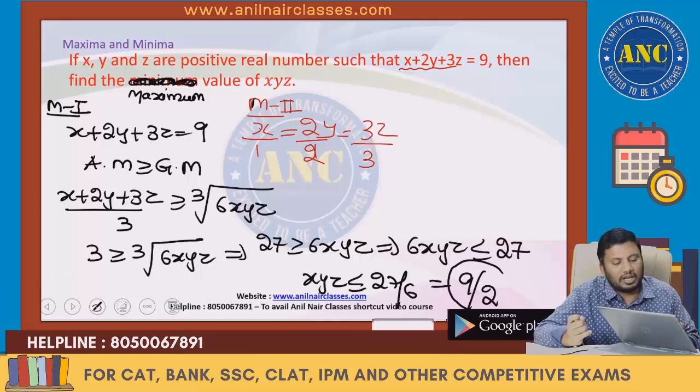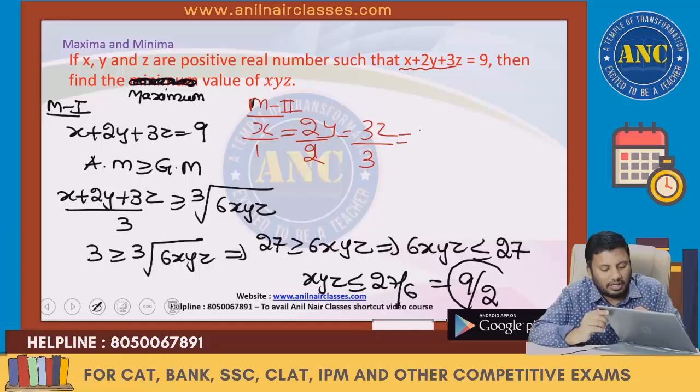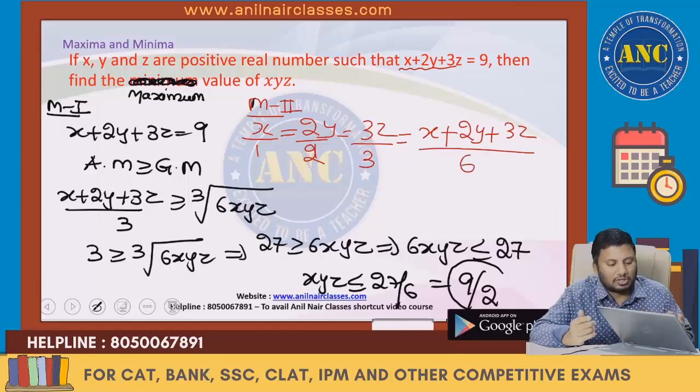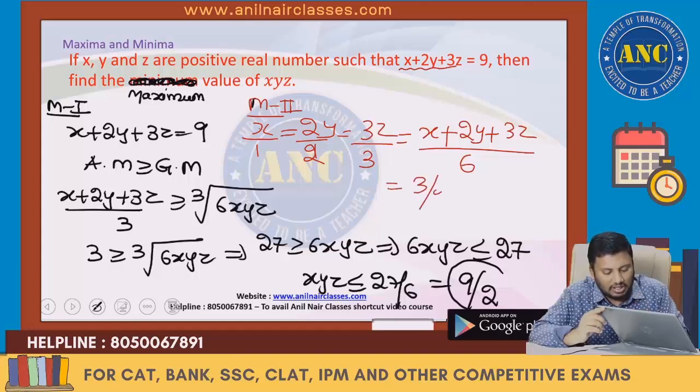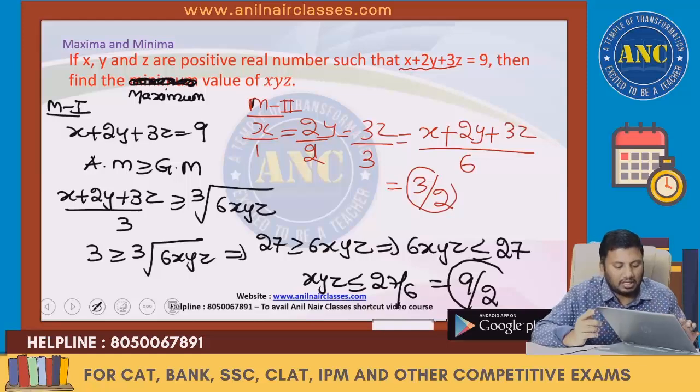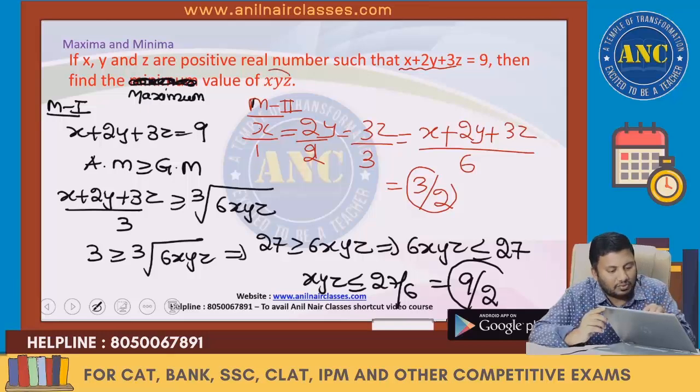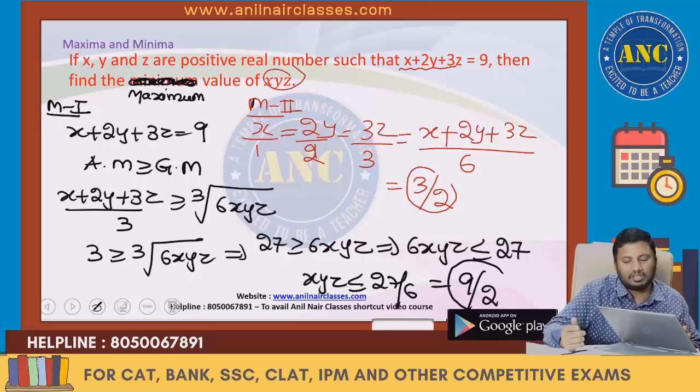It is nothing but (x plus 2y plus 3z) by 3. So x plus 2y plus 3z is 9, 9 by 3 is 3. So what is that value? From this you can get x, y, z.